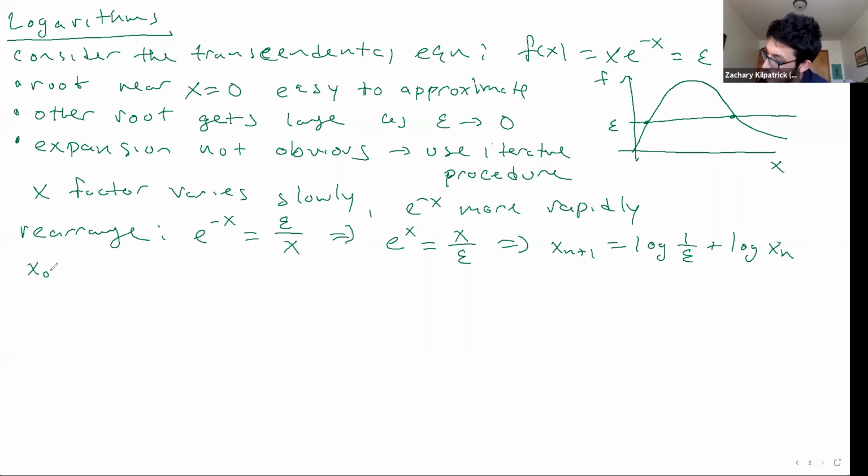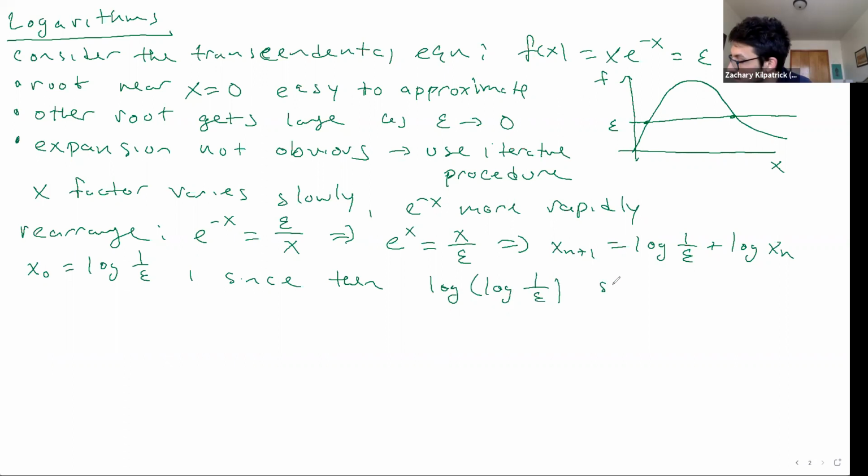So then based on this form that we have, this suggests that we should try log of 1 over epsilon as our first term in our expansion, okay? And then note that log of 1 over epsilon will be small, right?